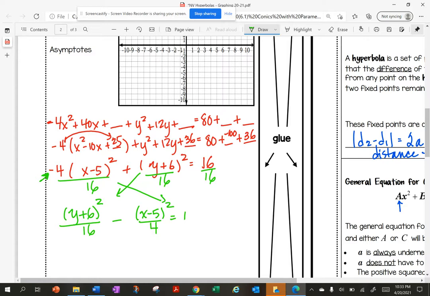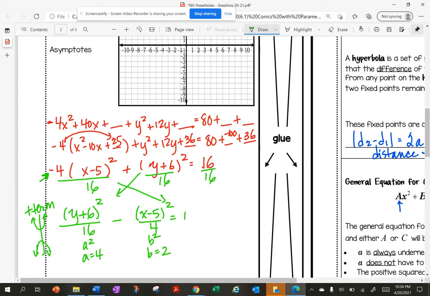So since my plus term is the y term, I know I have a vertical hyperbola. So I know that a squared is 16, so a equals 4, and b squared equals 4, so b equals 2 for graphing purposes.